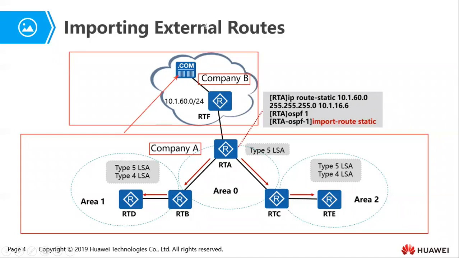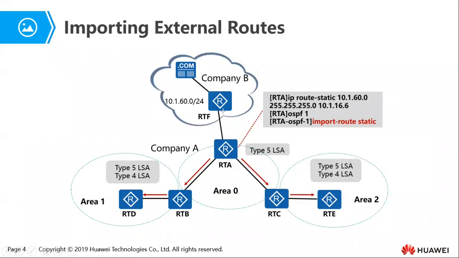Now, the very first thing you have to do is to ensure that RTA, which connects to the router in company B, is able to reach that server. For that purpose, in this scenario, we've configured a static route from RTA to this particular network here.